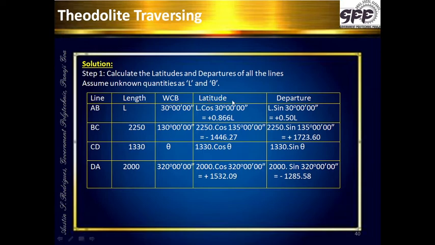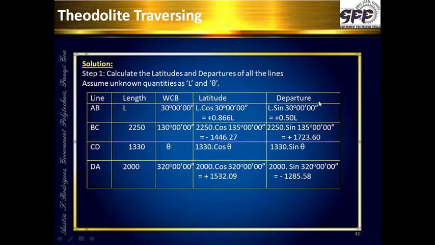So we have latitude, which is L cos theta, equal to 2250 into cos of 130 degrees, that comes to minus 1446.27 meters. Minus tells me that it is southing. So the latitude of BC is equal to minus 1446.27.